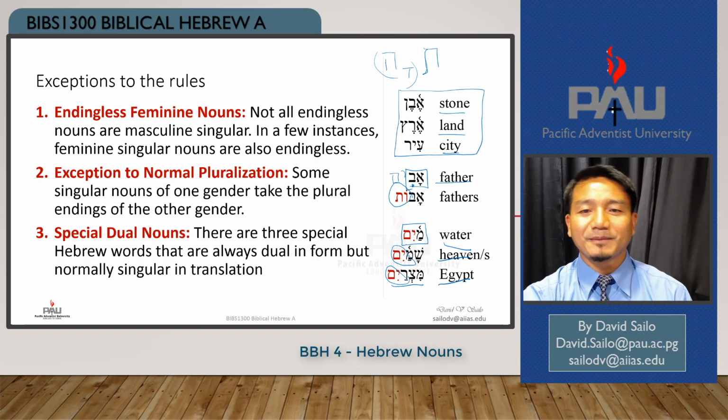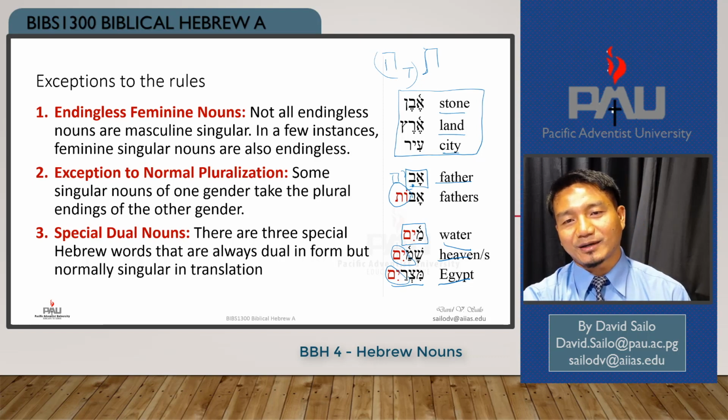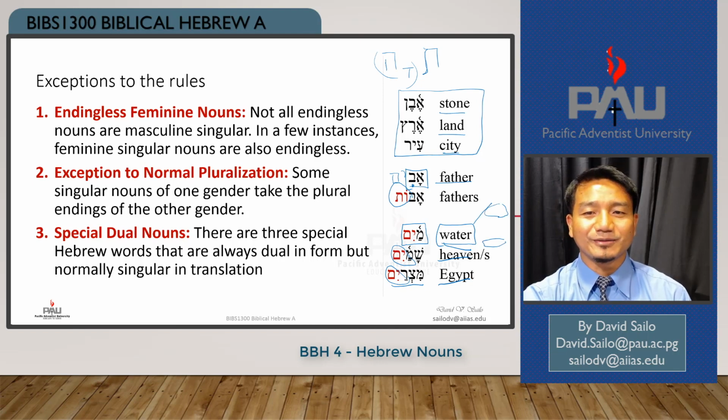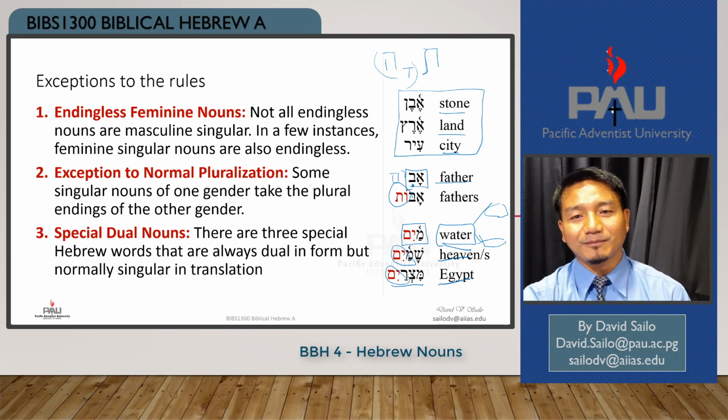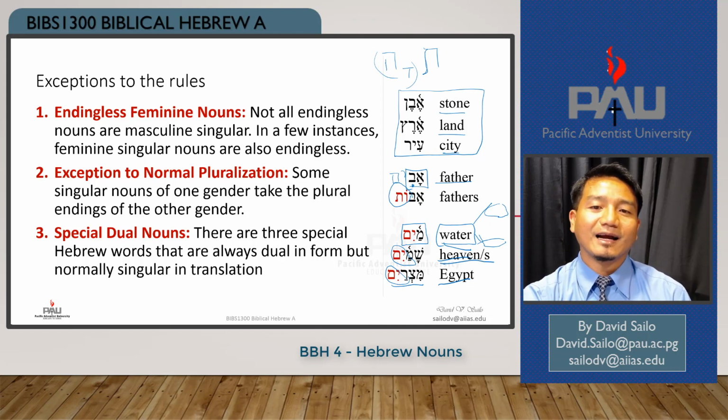Maybe when we read the creation account, God says there is water above and water below, right? I don't know if that is referring to that, but water is just water. You could not have two waters, unless it is filled in a bottle or a cup, and then it's not waters anymore. It's cups or bottles. And how about Shamayim? We could only see one heaven, but we still have it. When you translate, you could translate heavens, or even without this, it's still okay.